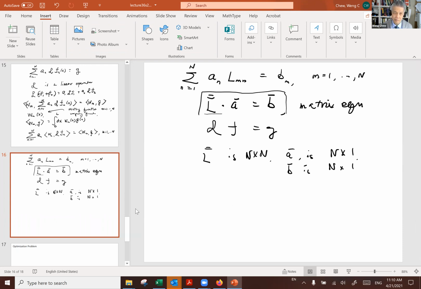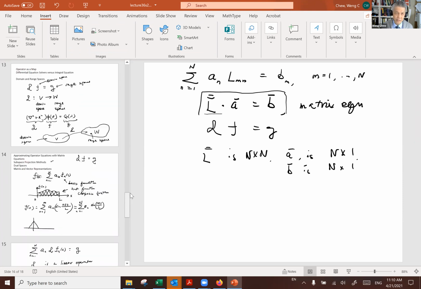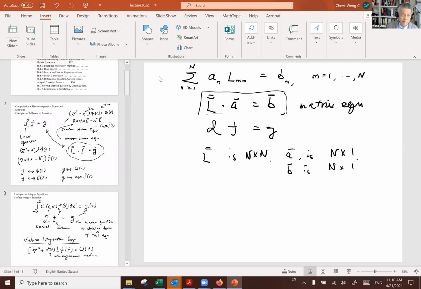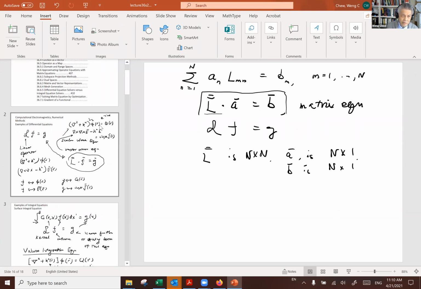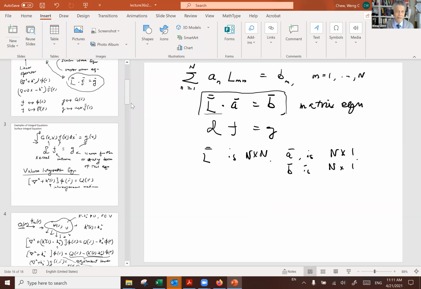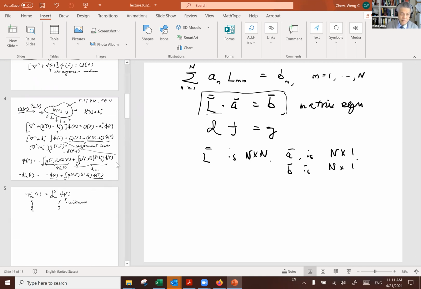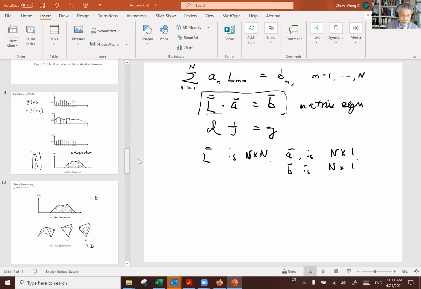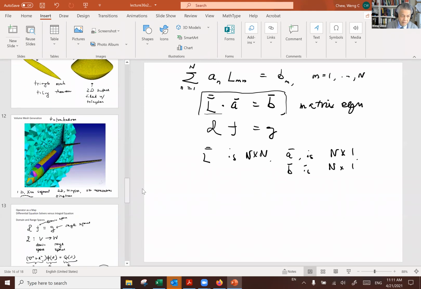And once you can feed it to the computer, we can use the breakneck speed of a computer to solve this equation. Okay, so that is the essence of computational electromagnetics, where you start out with an equation derivable from Maxwell's equations or scalar wave equation. And once you have this linear operator equation, we figure out a way of converting it into a linear matrix equation. This is done by the subspace projection method, where you define a set of basis functions so as to make things finite dimensional.